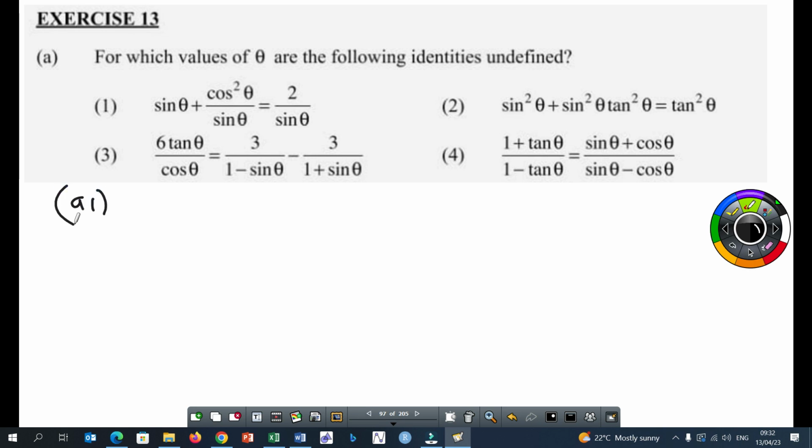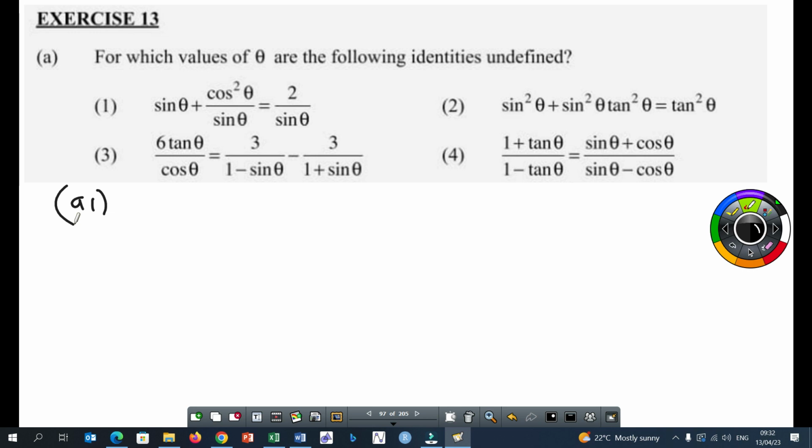For A1, you look at denominators on both sides of the equation. Can you pay attention? Because recently when the grade 12s wrote their March test, I put a question of this type, and it was a disaster. And this is taught in this grade, not in matric. You are taught this in grade 11, but next year you'll be required to know it.